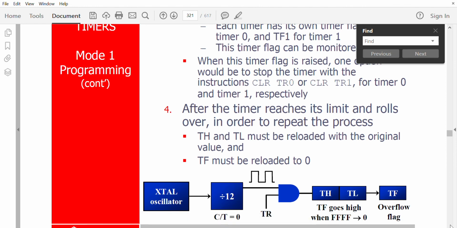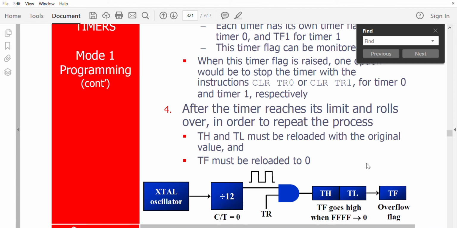Or if you want to repeat the process, that is, if you want to continue the counting, then you must reload the TH and TL with the original value. Initially we had entered some value into TH and TL. That value should be reloaded again if you want to continue the process. So this is what happens in the timer operation in mode 1.